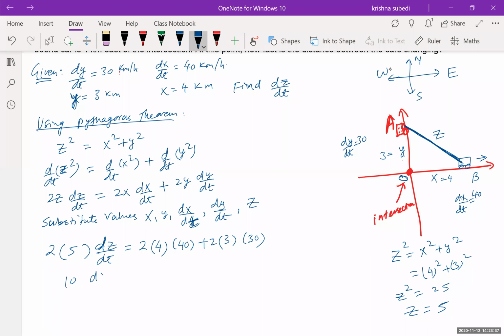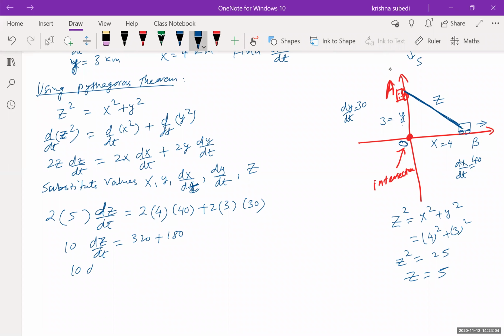So 10 dz over dt equals, if you simplify it, 320 plus 180. So dz over dt will be 500 over 10, which is 50.